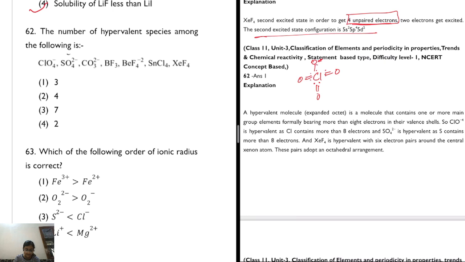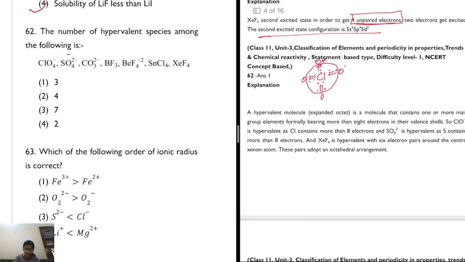It also has electrons because these are covalent bonds, that is, sharing of electrons is there. It also has electrons of the other part, that is this one. So it has more electrons than 8. How many? 1, 2, 3, 4, 5, 6, 7, 8, 9, 10, 11, 12, 13, and 14. So it has 14 electrons. So yes, it is hypervalent.